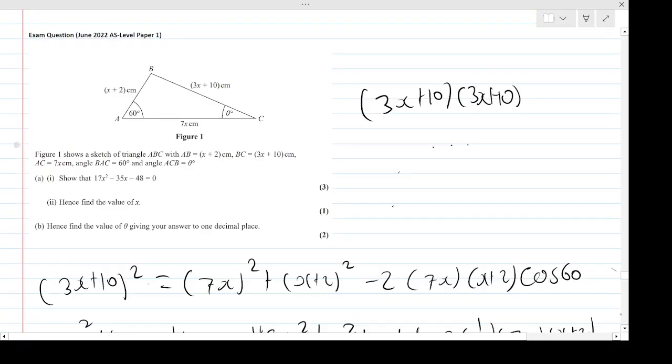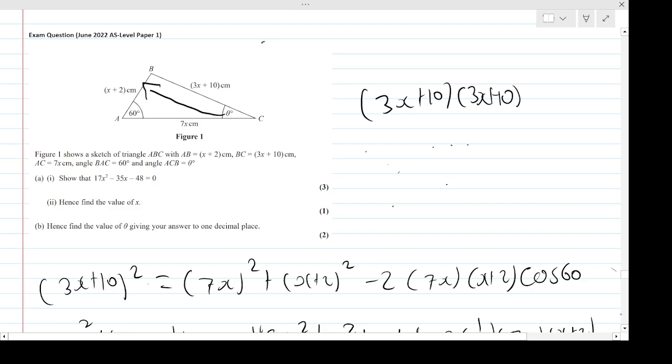Then it says, hence find the value of theta. Right. Okay, so we know what x is. Well, again, for theta, I can use the cosine rule again, because now I need to find an angle but I know all the sides, right? I know what x is. So for this angle theta, the opposite side facing it is x plus 2.